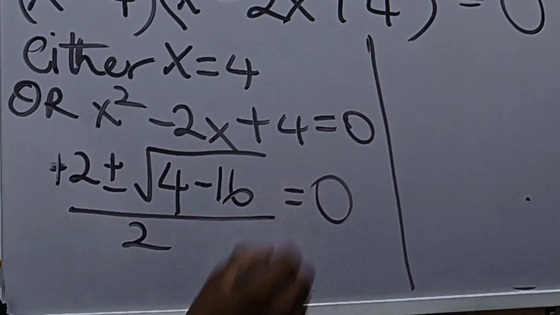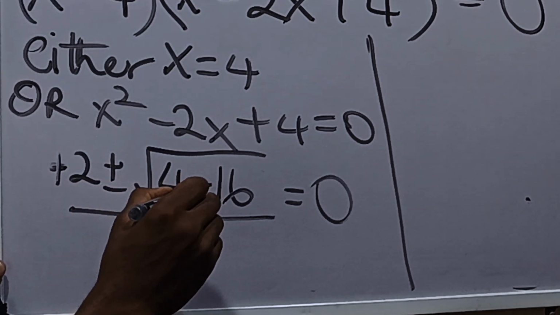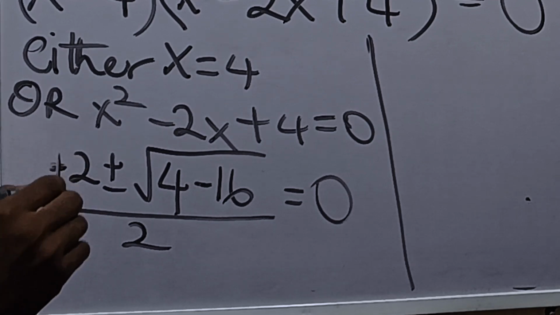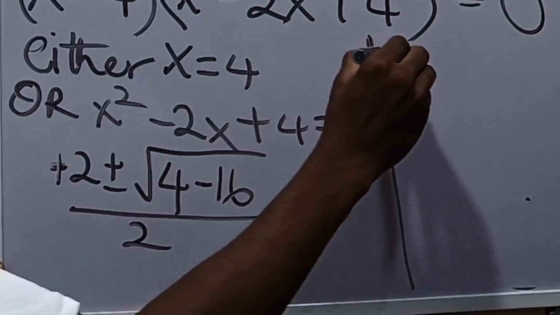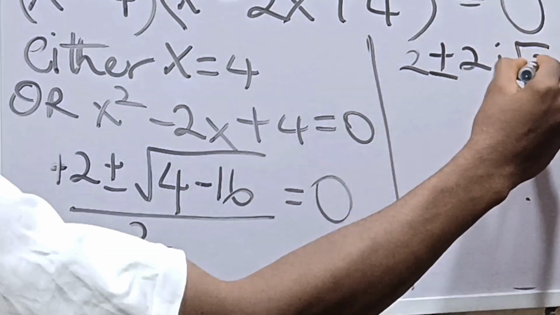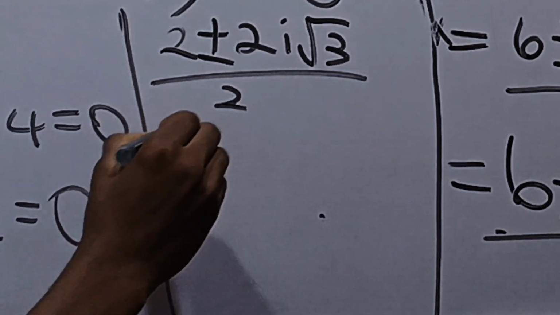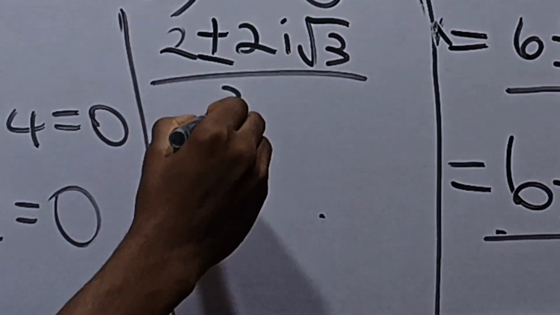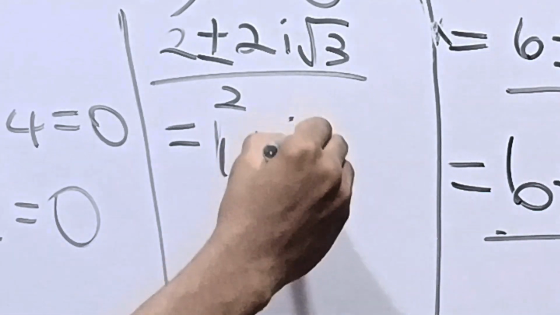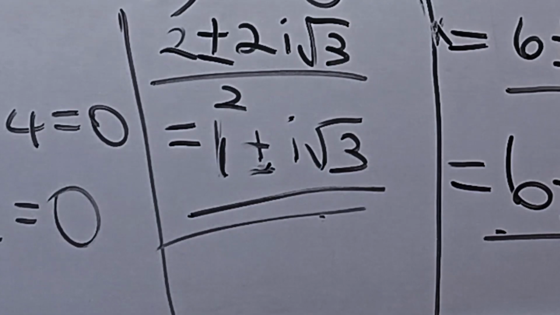Now from here, this is the root of negative 12, which we said is 2i root 3, okay? So we just simply write 2 plus or minus 2i root 3 all over 2. Okay? Hence, this is now equal to 1 plus or minus i root 3 as our final answer to this given problem.